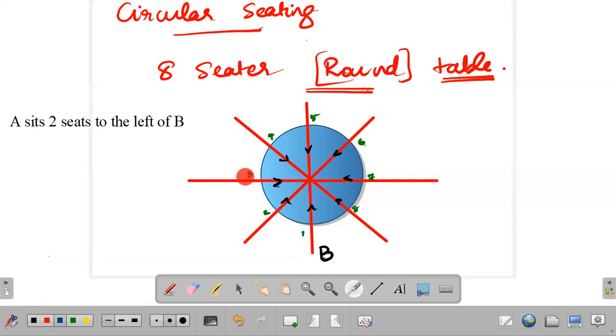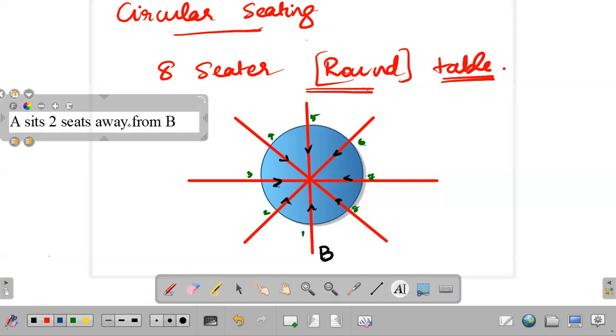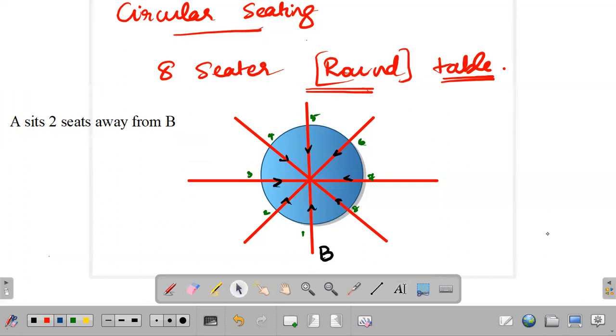Okay, now the next input. A sits 2 seats, look at this, away from B. So can you tell me what are the possibilities that are coming in?